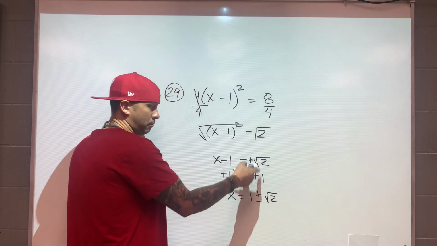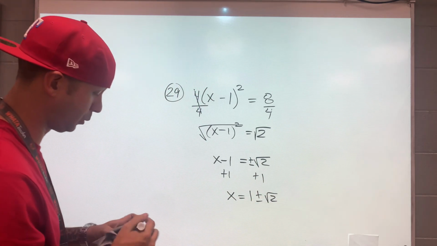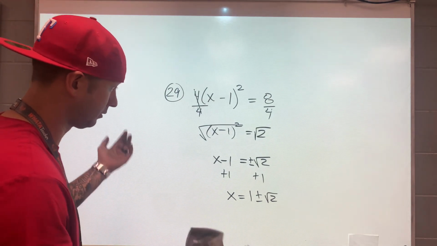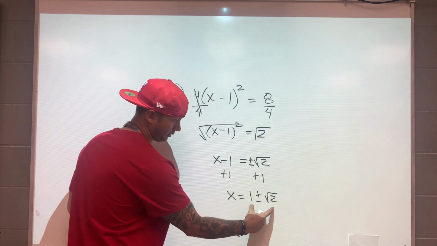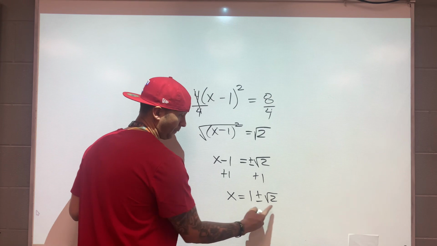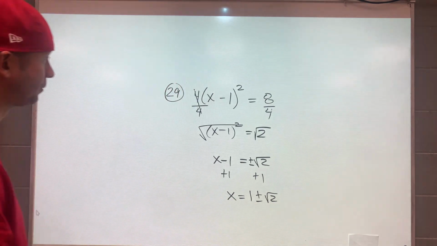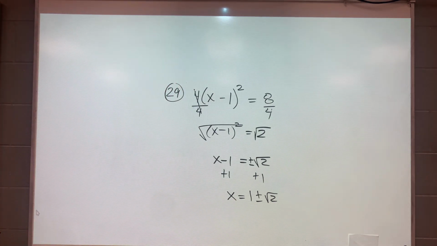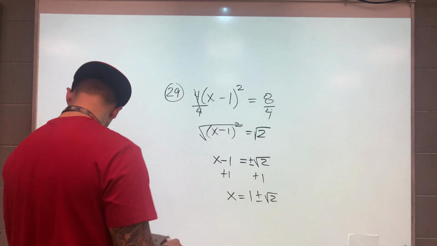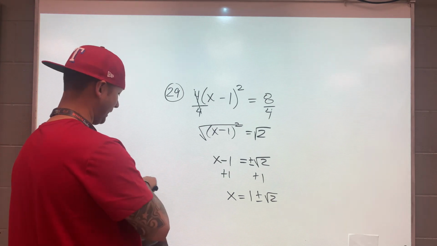Here you can't combine root 2 and 1. They're completely different types of numbers. So 1 plus or minus root 2. Okay. Let's do number 30 now. It's not the last one, but number 30.